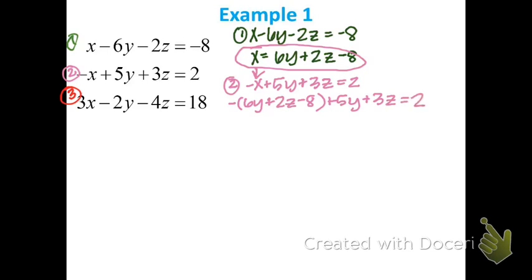Make sure you never forget to open these parentheses. It's not just negative 6y, it's a negative and then the entire x term. Distribute that negative all the way across: negative 6y minus 2z plus 8 plus 5y plus 3z equals 2.